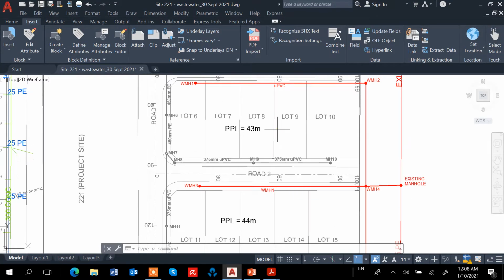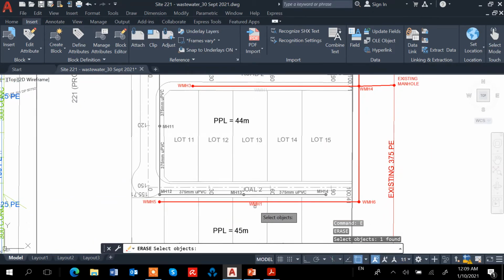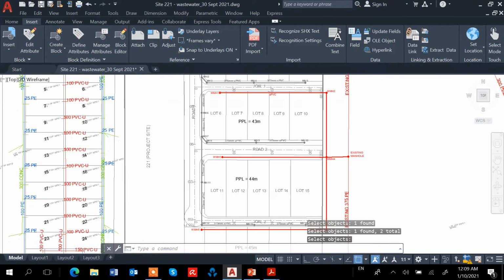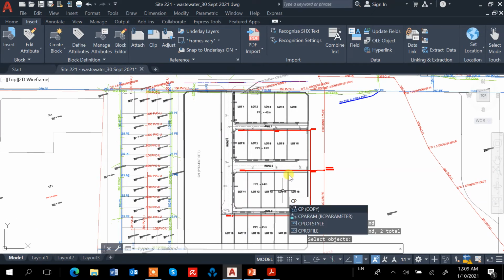I think I'll just copy that, UPVC is easier. Copy.